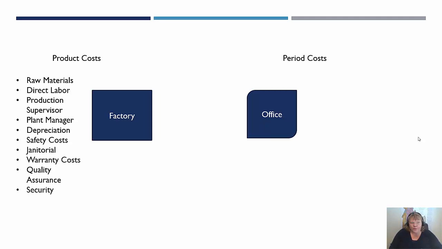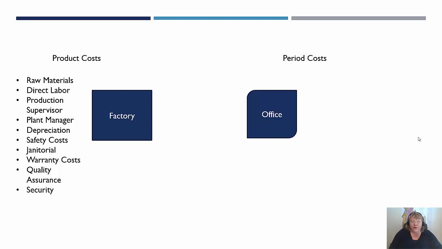The raw materials are product costs, direct labor, production supervisor, plant manager, depreciation, safety costs, janitorial, warranty costs, quality assurance, and security.